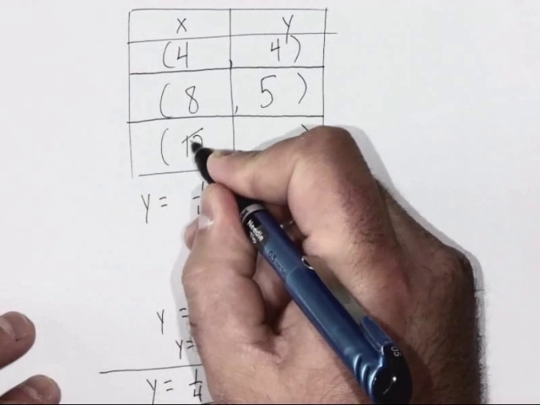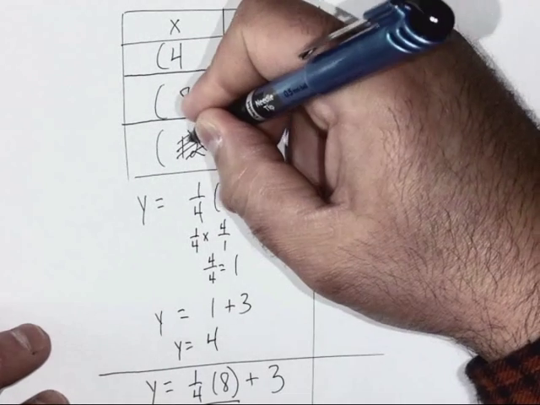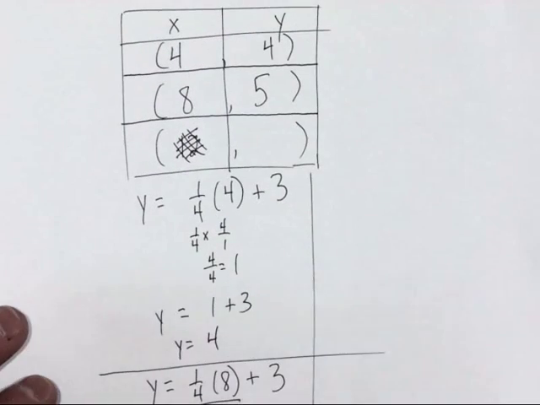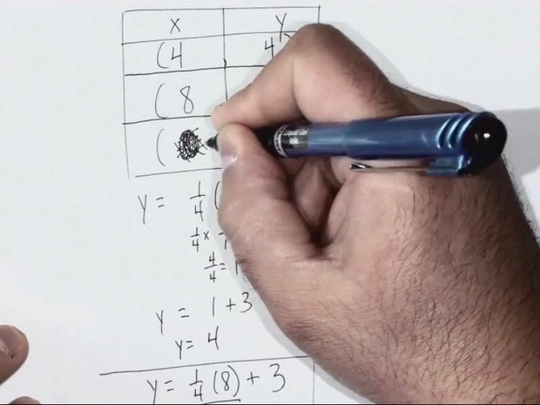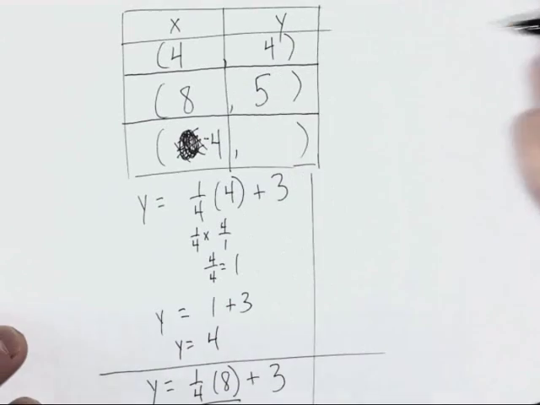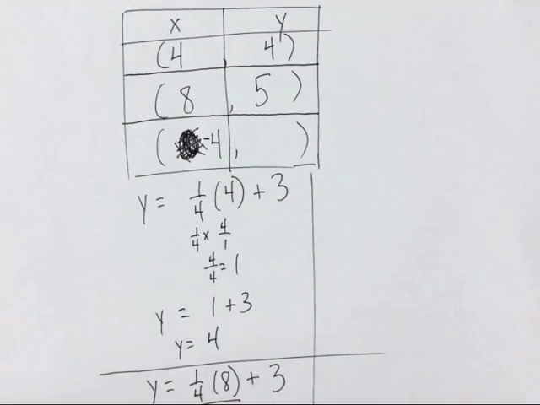I can also use negative numbers. So let me take out this 12. Instead of using 12, let's use a negative number that's also a multiple of 4. So let's use -4. All right.